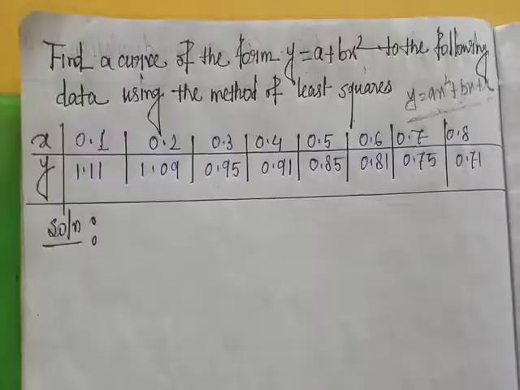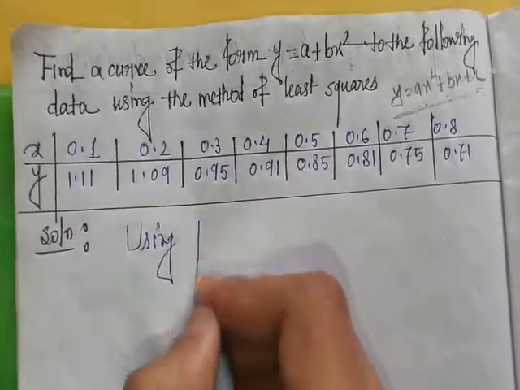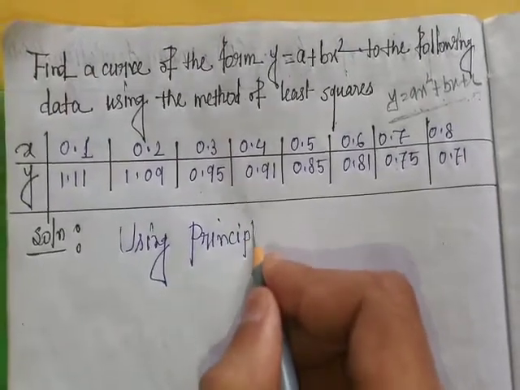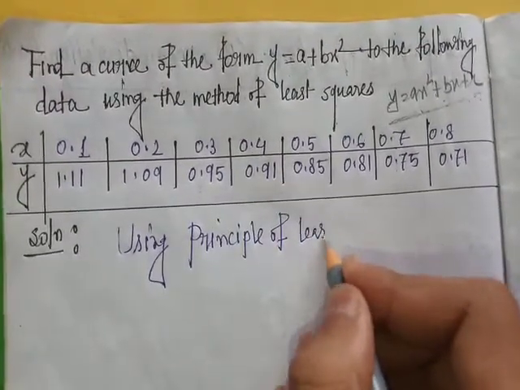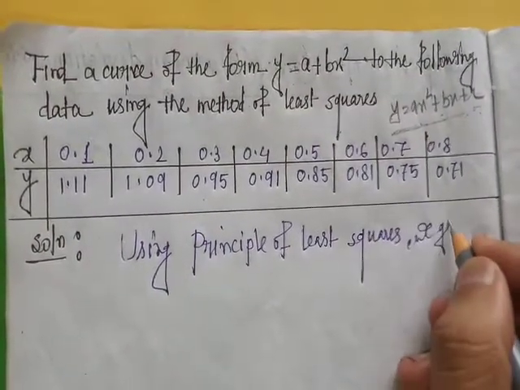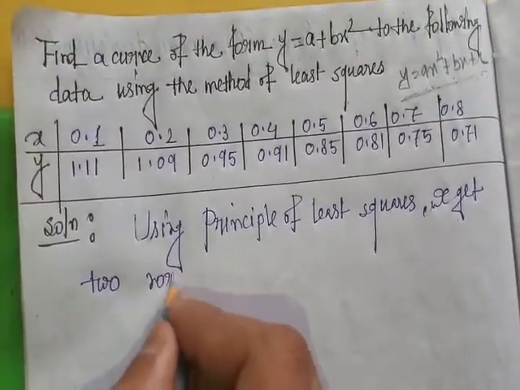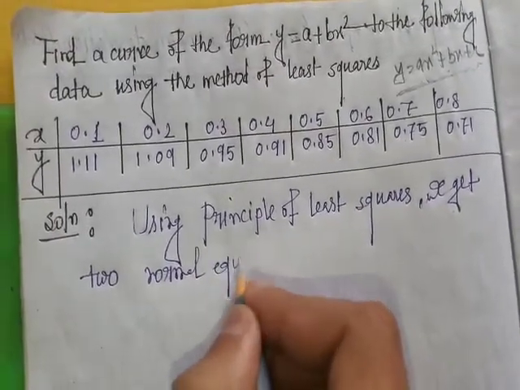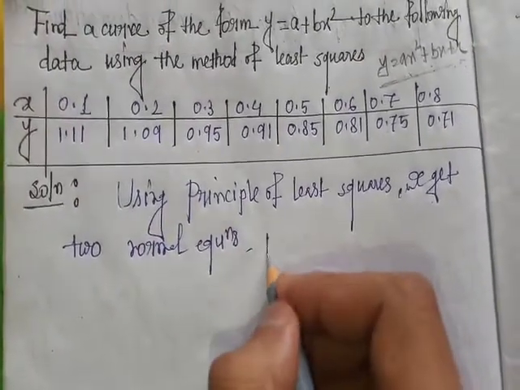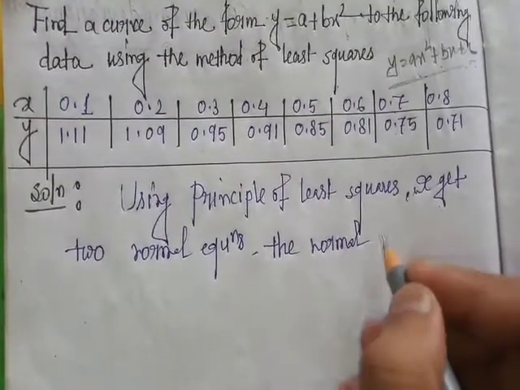So solution: using the principle of least squares, we get two normal equations.